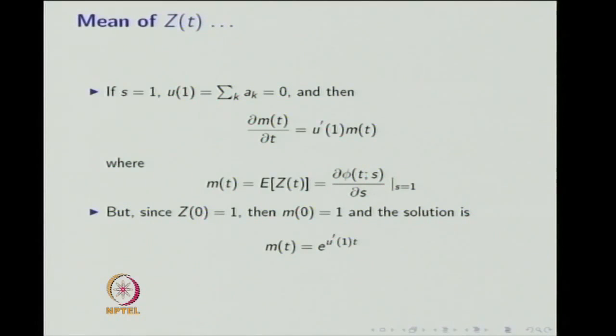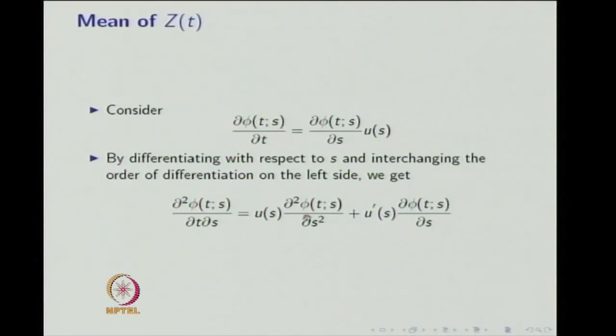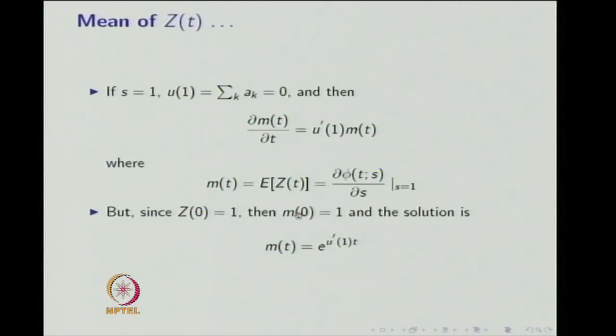Therefore, this equation becomes dm(t)/dt equal to u'(1) m(t), since m is a function of a single variable. So this is an ordinary differential equation: dm(t)/dt is equal to u'(1) times m(t), where m(t) is the mean of Z(t). Since Z(0) is equal to 1, m(0) is also 1.